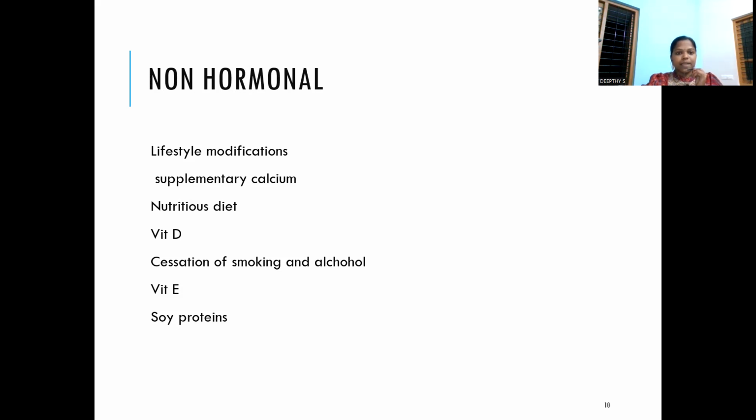Then proper sunlight exposure should be done. Then vitamin E and soy proteins. Soy proteins play an important role in reducing the hot flashes seen in menopausal ladies. Vitamin E also is good for hot flashes. So these are the non-hormonal management.